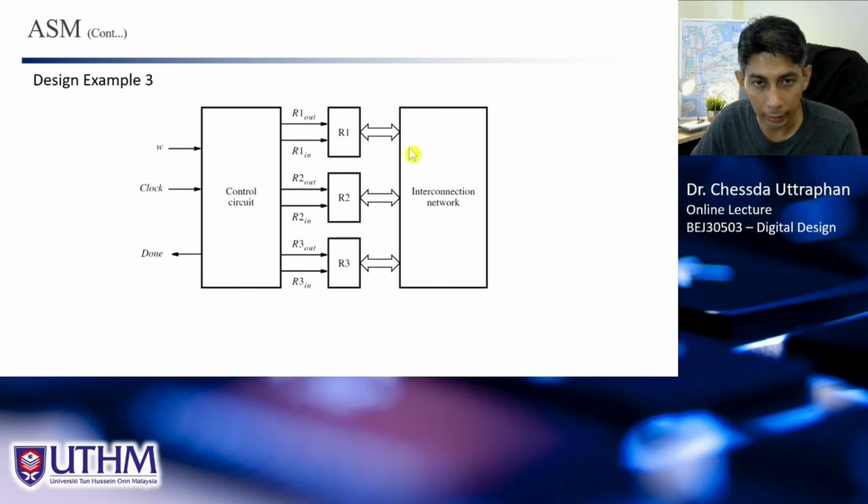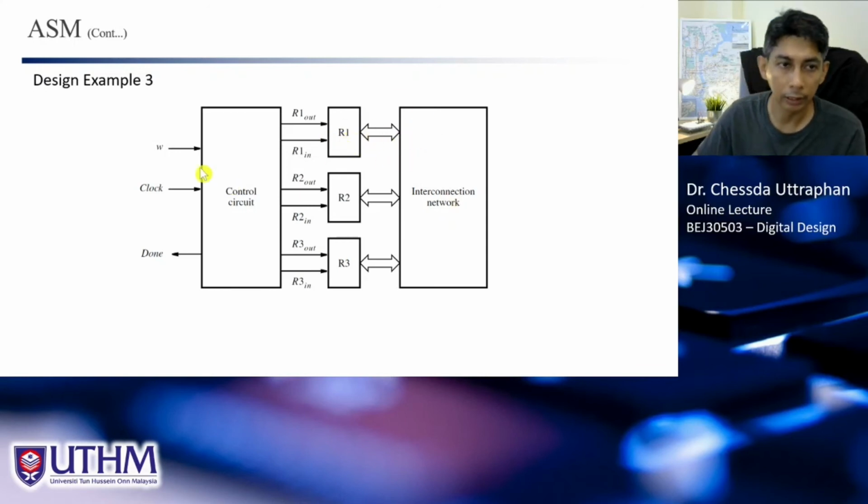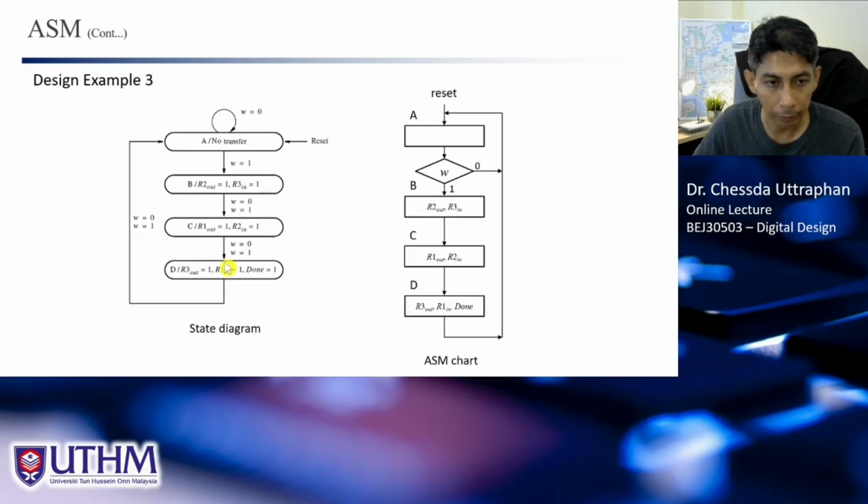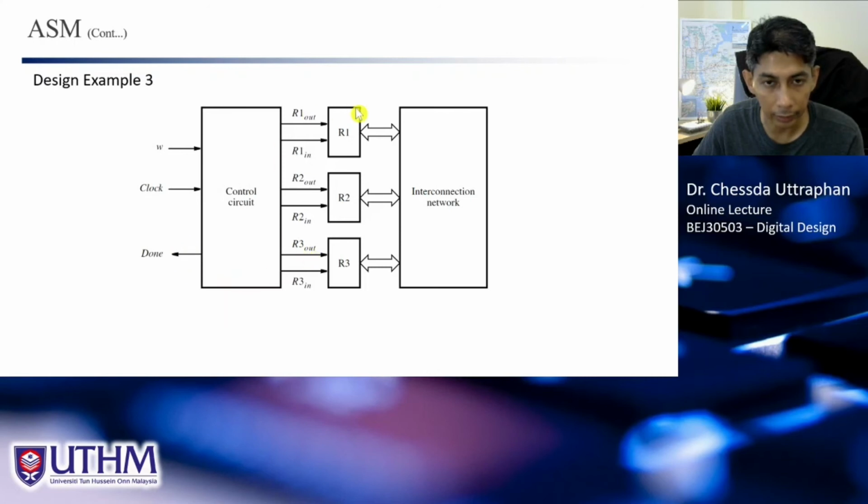The interconnection network is the bus, where the data can go out and go in. The input to the control circuit is named W to initiate the transfer. It means that if W equals 1, we start the transfer. And we have clock, and we have the done signal, which is activated when the process is finished.